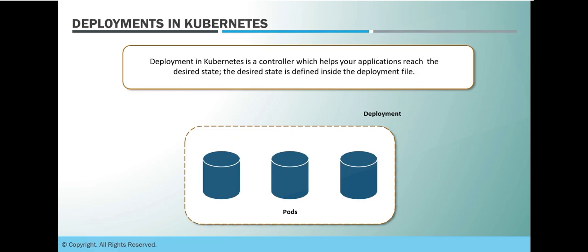The desired state is defined inside the deployment file. The desired state can be replicas, resources, or health checks. There are various parameters that you can define inside a deployment to manage your pods more efficiently than individual deployments.